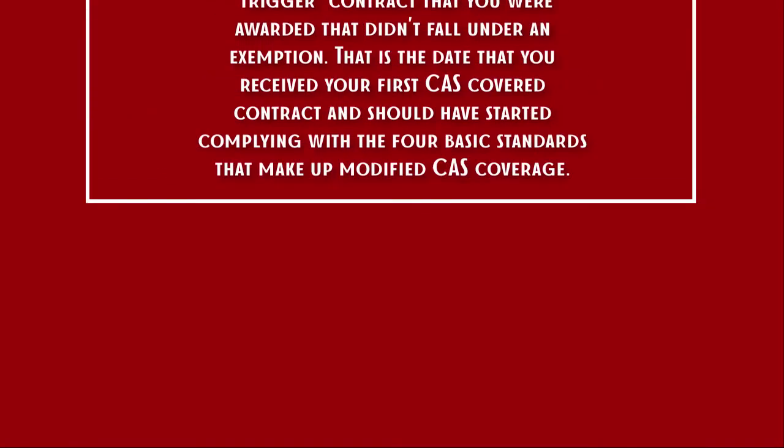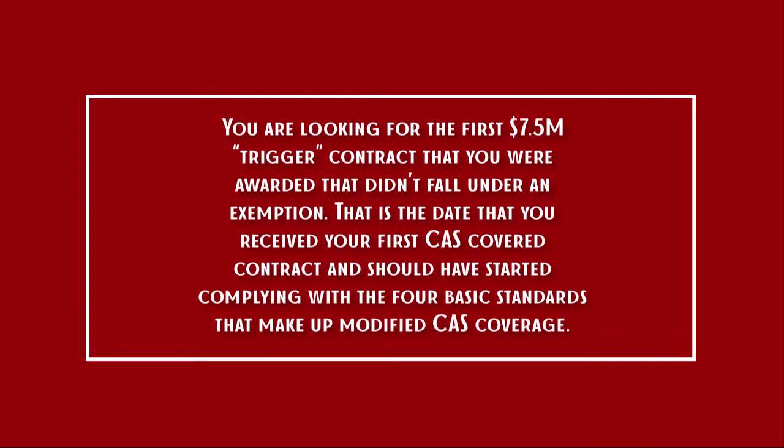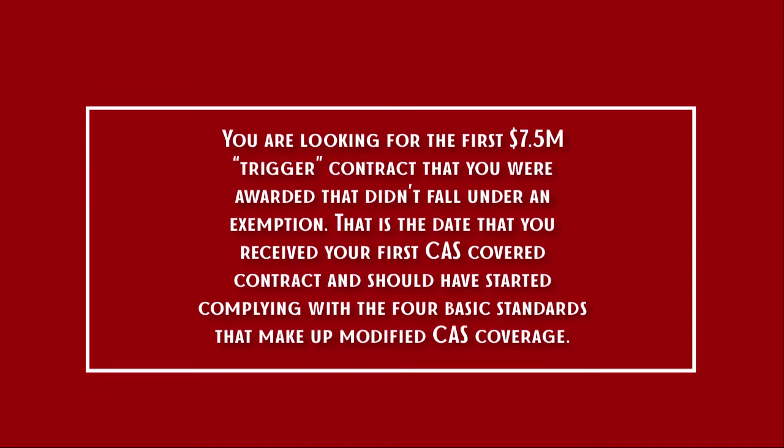You are looking for the first $7.5 million trigger contract that you were awarded that didn't fall under an exemption. That is the date you received your first CAS-covered contract and should have started complying with 4 basic standards that make up modified CAS coverage.